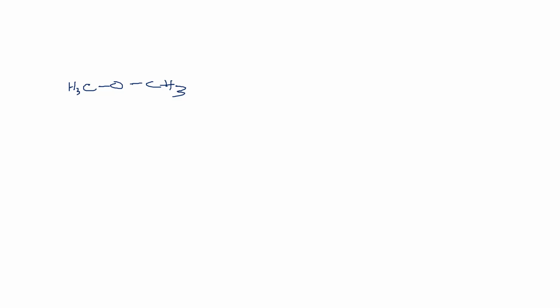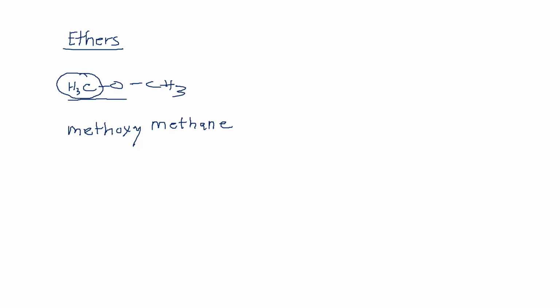So we would look at this group, and in IUPAC, we would say this is methoxy, methane. And this group of compounds are called ethers. So you'll have an alkyl group, an oxygen, and then another alkyl group. And that's what's going to identify this group as ethers.